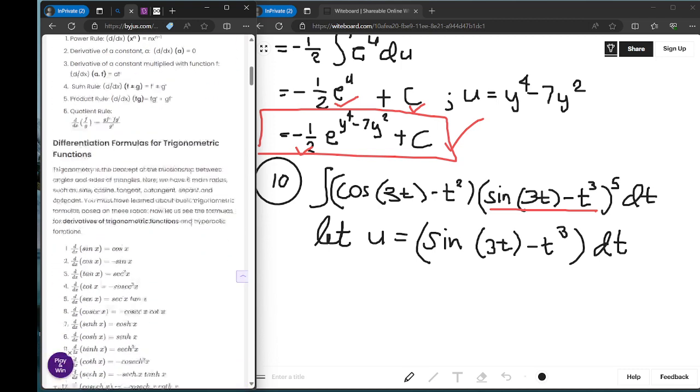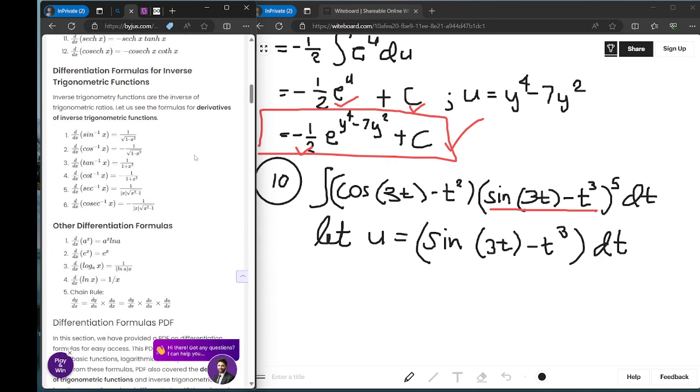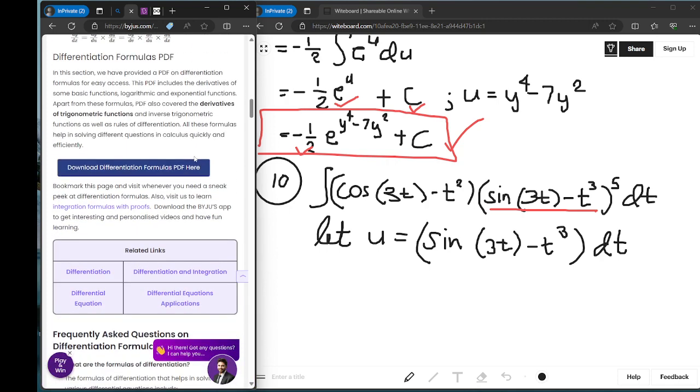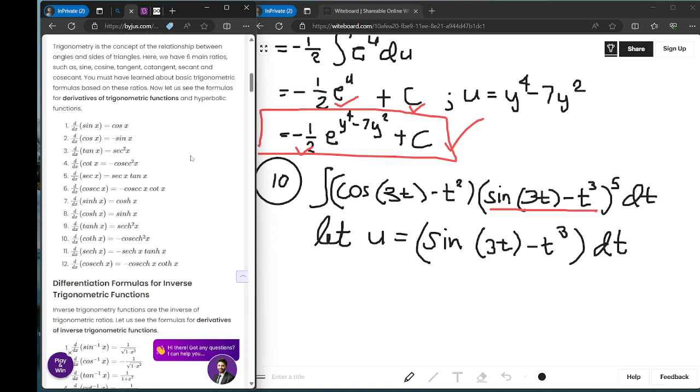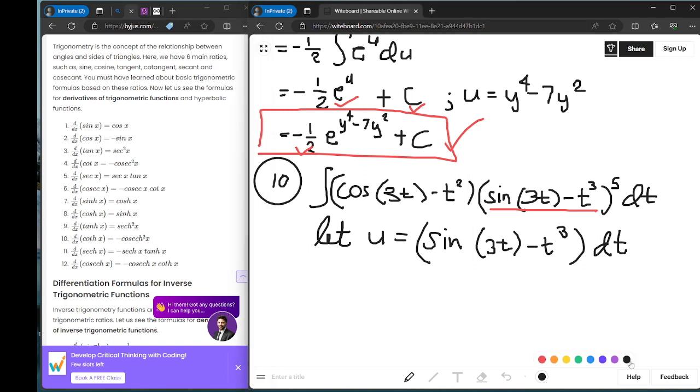Okay. The trigonometric derivative of sine is positive cosine x. But how about when there is a number? I forgot how to get it. Oh, I think it's the product rule. So du is equal to the derivative of sine, which is cosine.